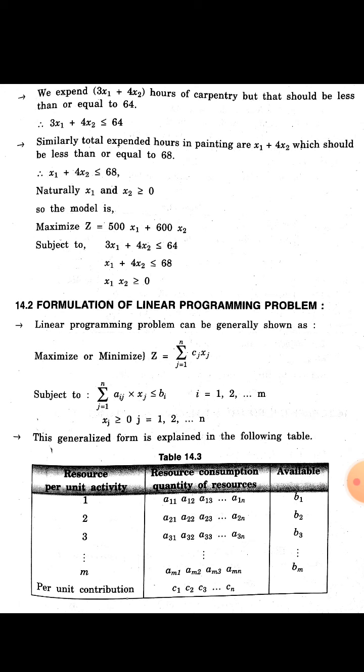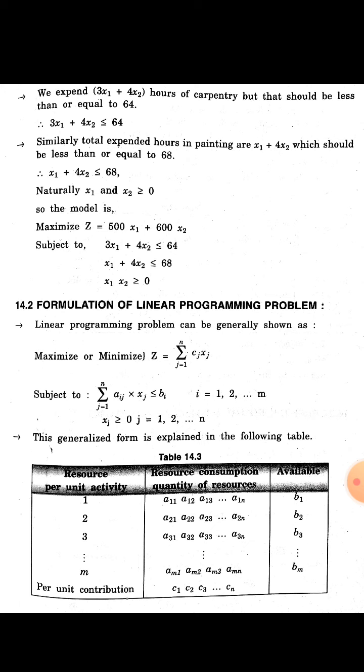Similarly, the total expended hours in painting is x1 plus 4x2, which should be less than or equal to 68 hours. So x1 plus 4x2 is less than or equal to 68. Naturally, x1 and x2 are greater than or equal to 0.